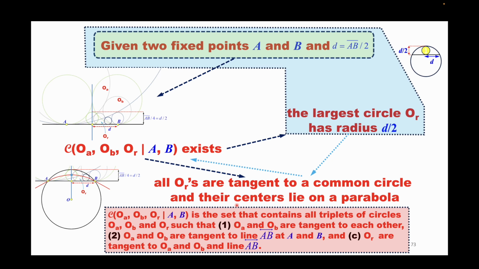On the other hand, if the largest circle OR has a radius D over 4, then these triplets exist. If the largest circle OR does not have radius D over 4, then no such triplets exist. So that finishes our discussion of all 7 problems.